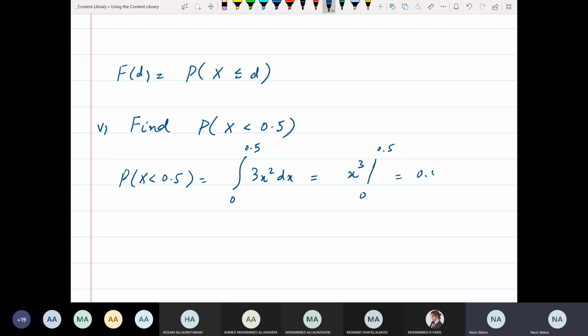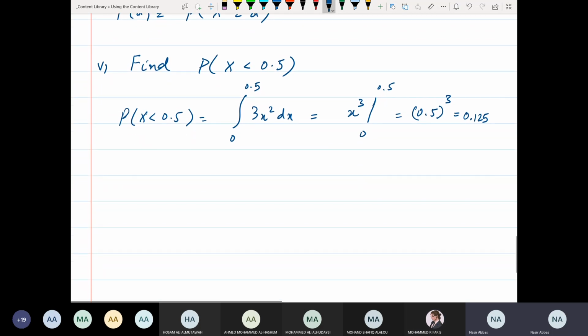So that is going to be half to the power 3. Who can tell me what is half to the power 3? 0.125. Half to the power of 3. Yes. 0.125. This is the probability.